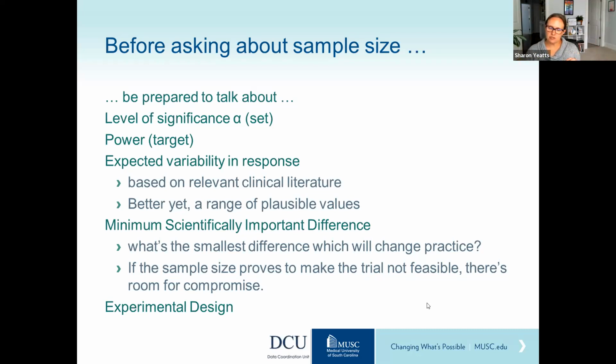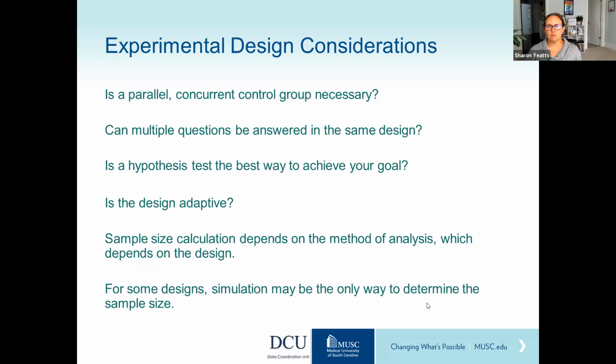And so one of the other things that you can consider are the experimental design. So considerations, we've already talked about changing from a superiority in a phase 2, which could be criticized as an underpowered phase 3, to a futility approach. You might think about whether a parallel and concurrently run control group is really necessary, or whether you can use some historical control data to evaluate your assessment of the intervention.